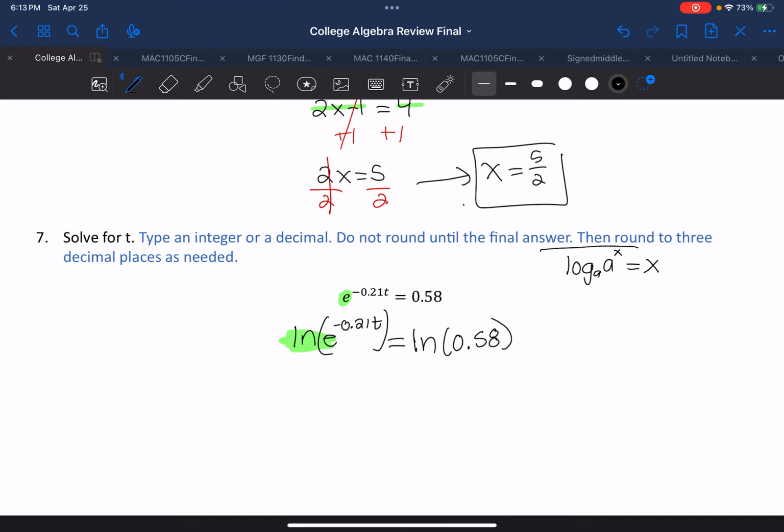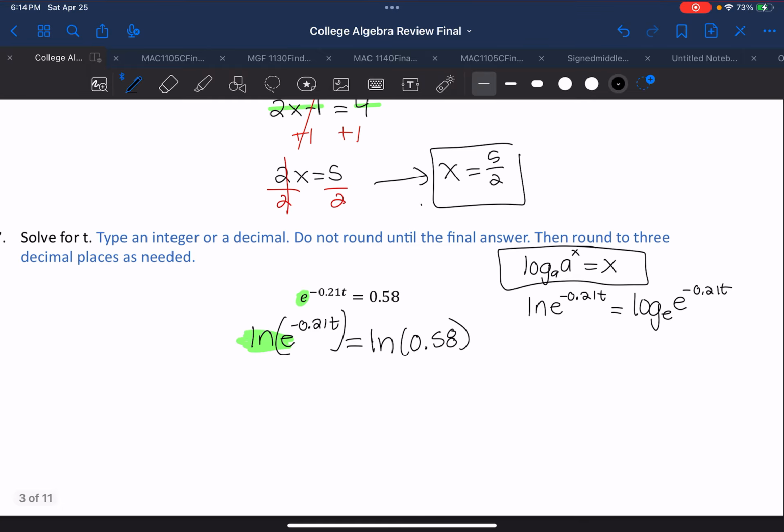We learned this property. And ln of e to the negative 0.21t power is the same thing as log base e of e to the negative 0.21t power. So the bases are the same here, and that just leaves me with what's in the exponent.